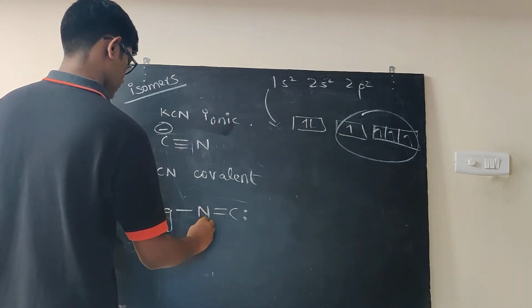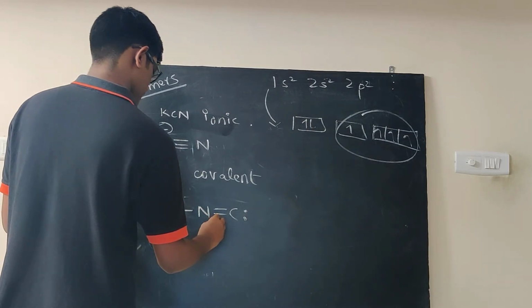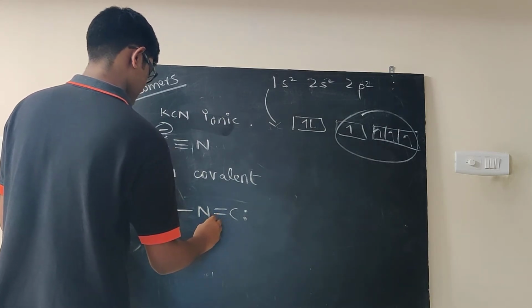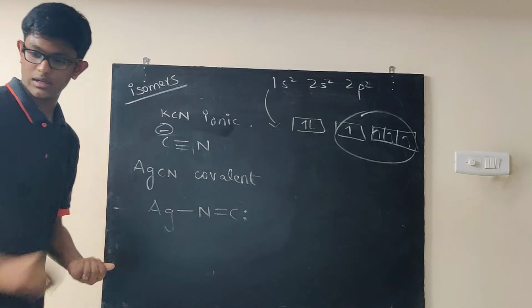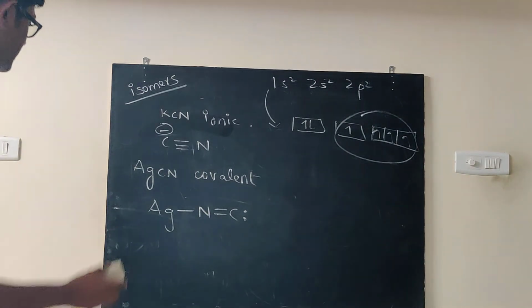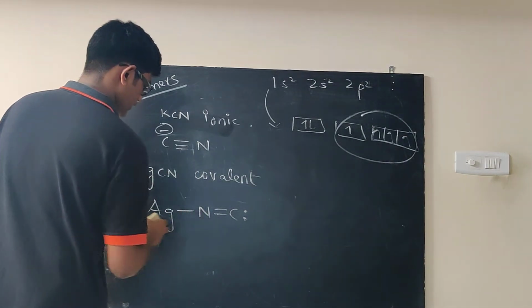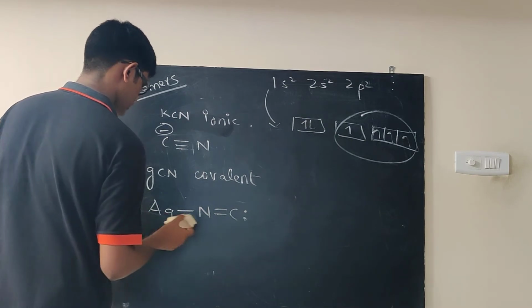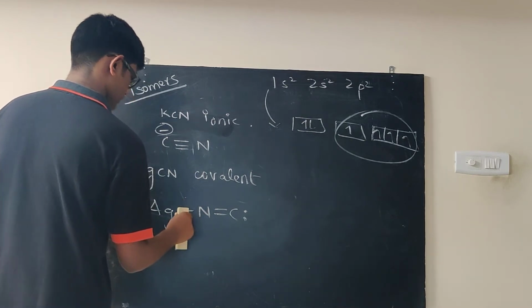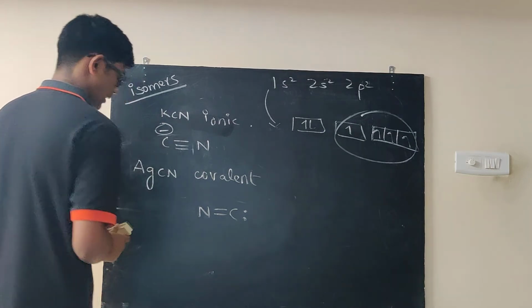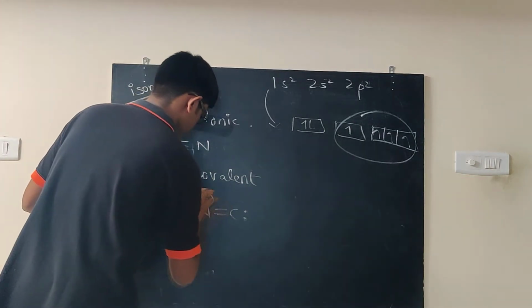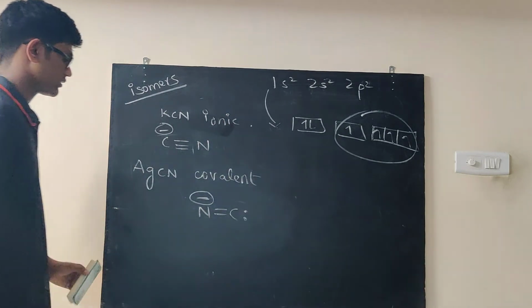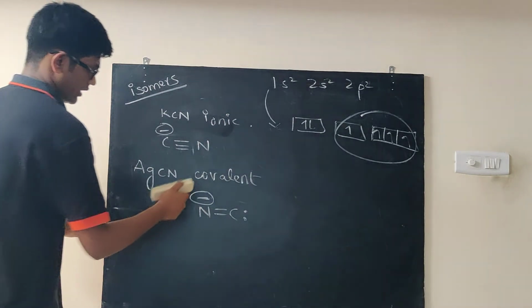Am I missing something? The answer is okay. So basically what will happen now is when this dissociates, although it's covalent, nitrogen is going to have a negative charge on top of it. I am just showing you the nucleophile for now. Just give me a second. See, this is how it's going to work, okay?